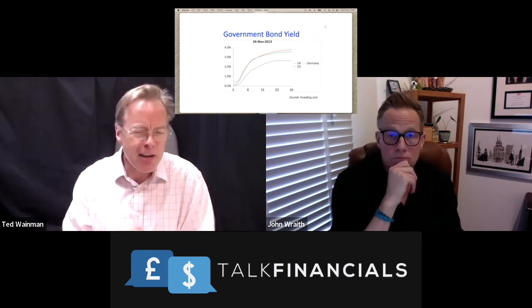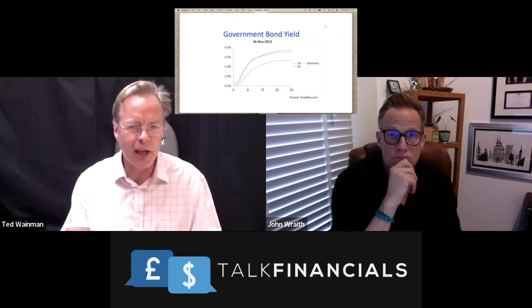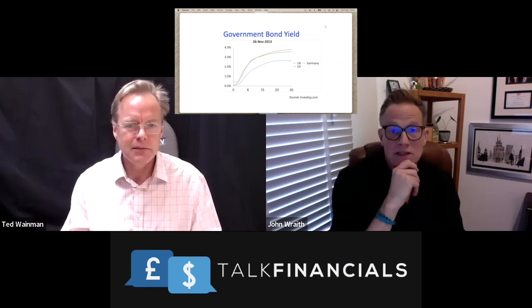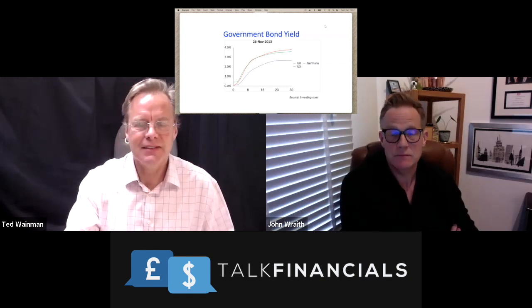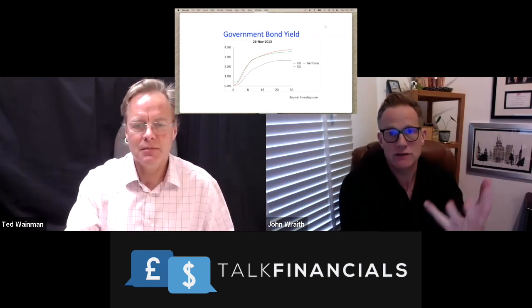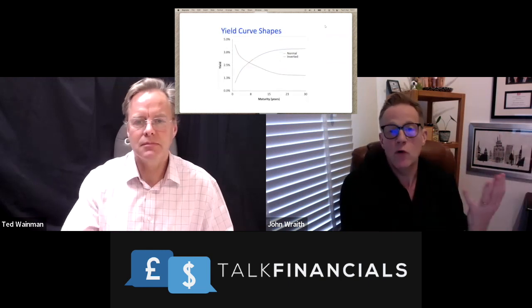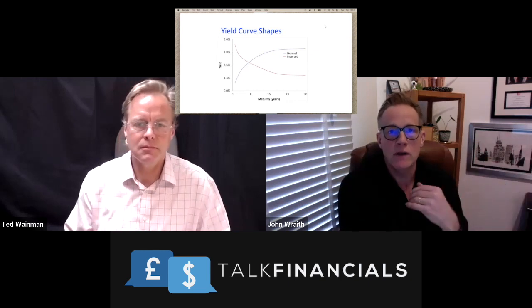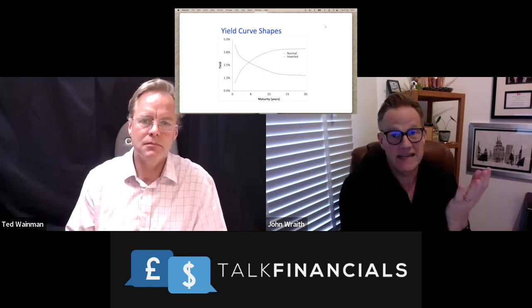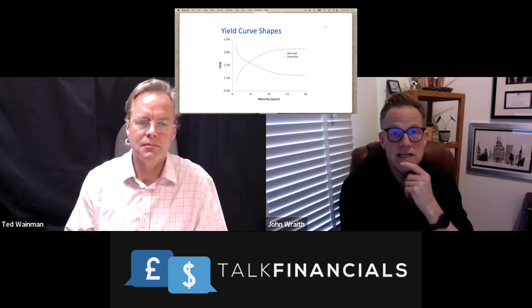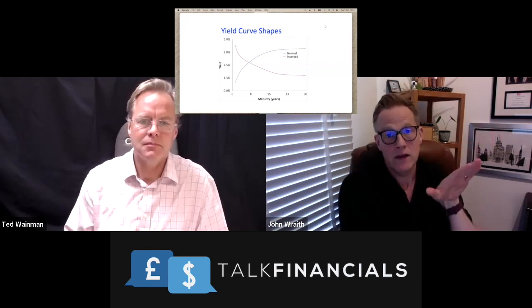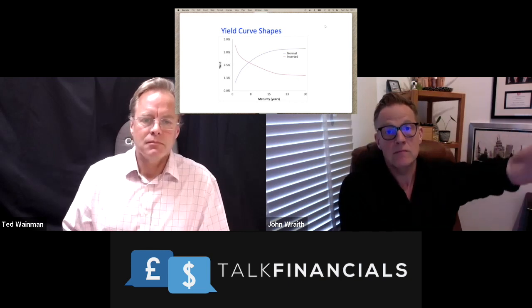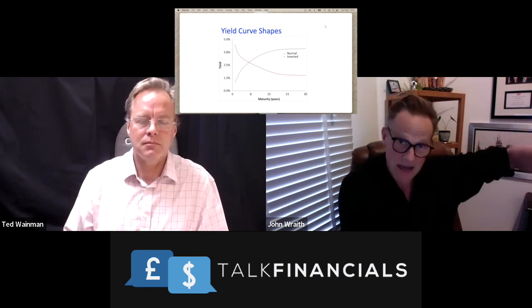So inverted yield curve, what does that look like? Well, as you say, you've got on the screen there a normal or positively sloping yield curve. And it is because of the reasons that we've just been talking about. The longer you lend for, all else equal, the higher return you want. What's an inverted yield curve? It's what it says on the tin, and it's what you can see there now. It's a yield curve that, instead of being positively sloping, in other words, rates rising as time extends, goes the other way.